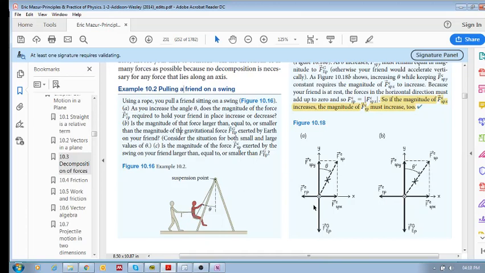Well, the way that we can look at it in this solution is that in the vertical direction, our acceleration is zero. So there's no acceleration in the vertical direction, which means that the gravitational force acting down must be balanced by a vertical component, so that there's no acceleration in the vertical direction.